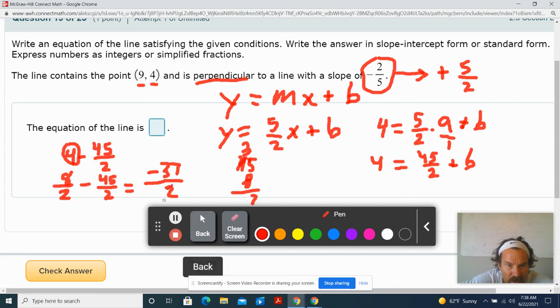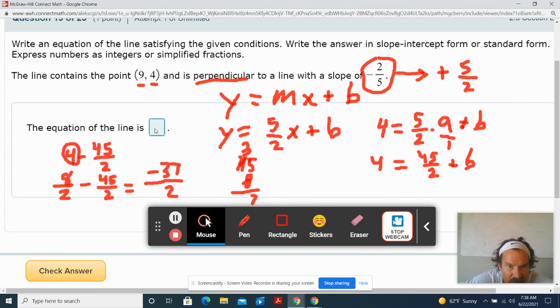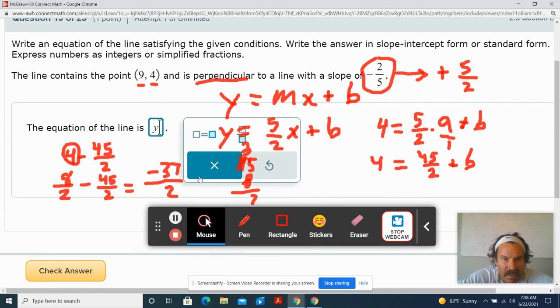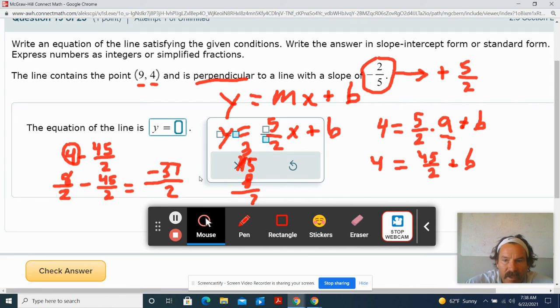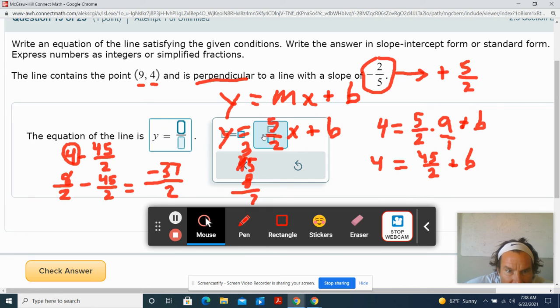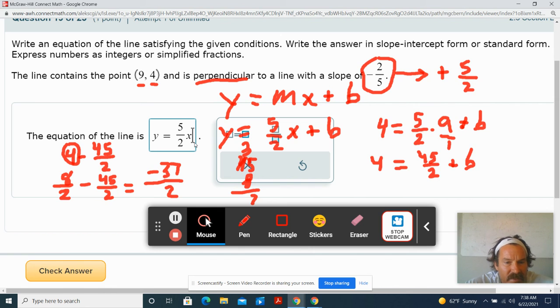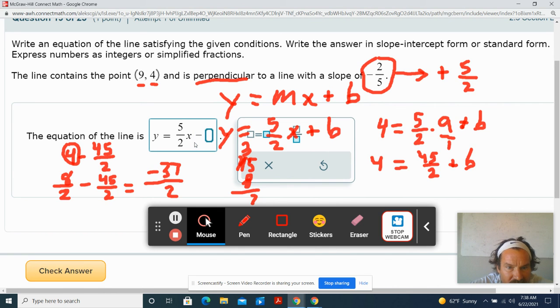So we're just going to write your answer right here. This is going to be y equals, let me not mess up on this one here now. Fraction, 5 over 2, 5 on top, 2 on the bottom, x, and then since it's negative 37 over 2, I'm going to write the minus sign. That's going to be my negative.